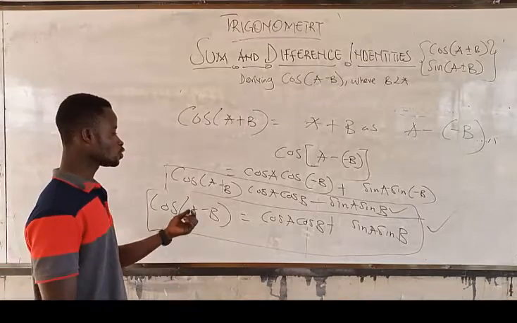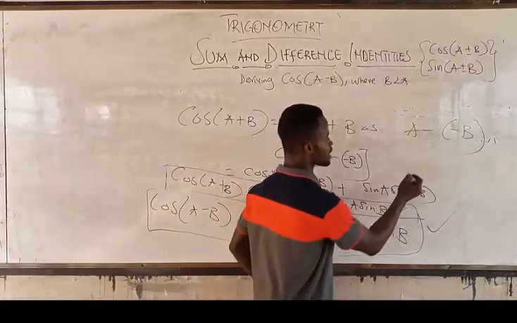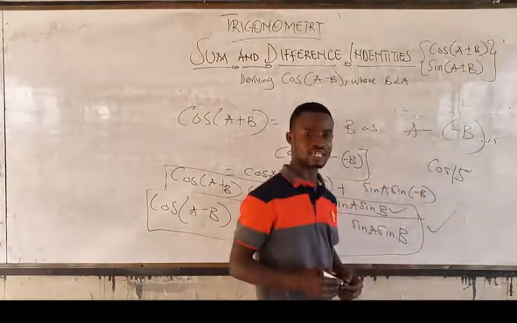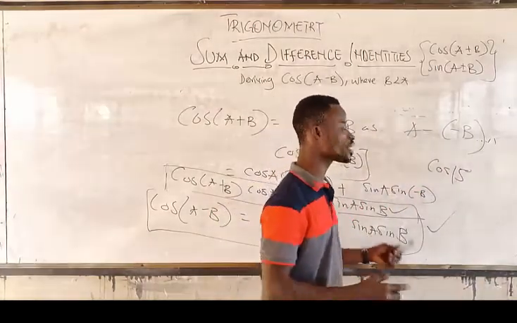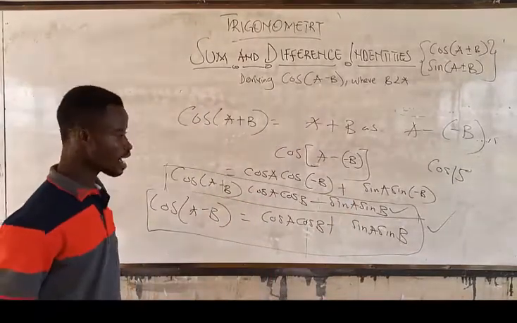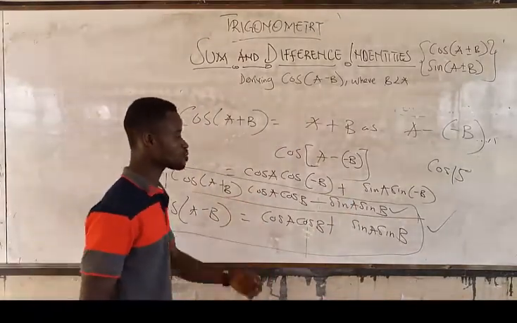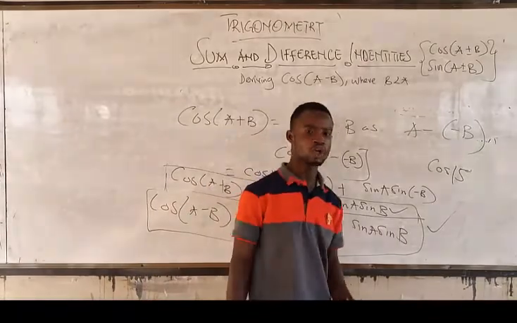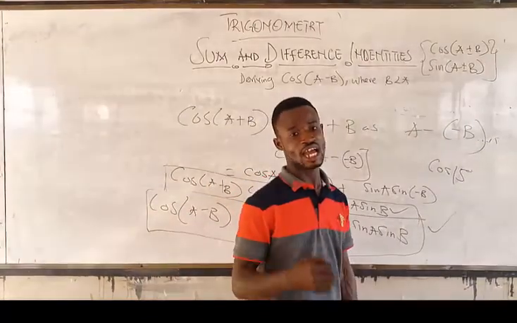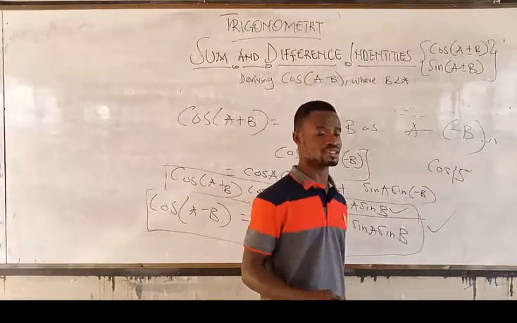Even though you can use a calculator for something like cos 15 degrees, you will not get the exact value. But with this expression, it can help you to get the exact value. And we'll be looking at some examples right now.